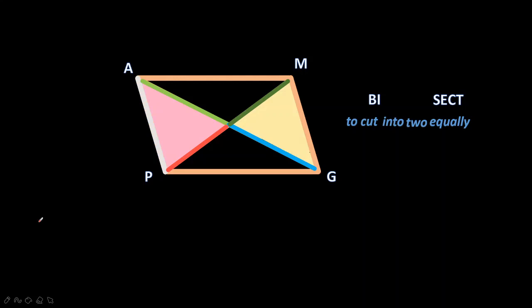So first thing, this side AP is equal to MG, right? We know that because opposite sides of a parallelogram are equal. Okay, that is one thing. These two angles are equal, this angle here and this angle here, both of them are equal because they're alternate interior angles. That also you know. These two angles are equal. How? Vertically opposite angles.